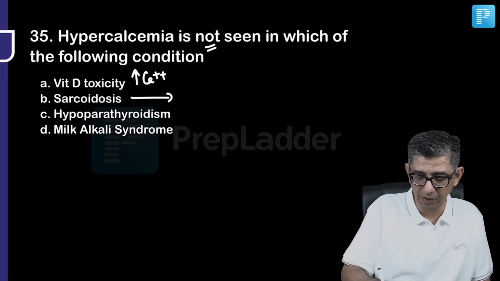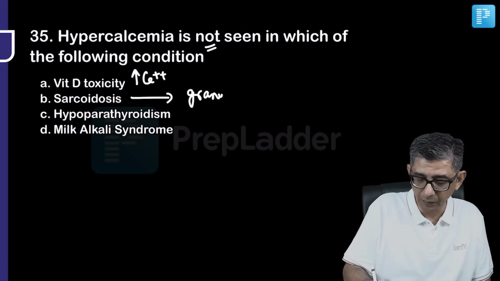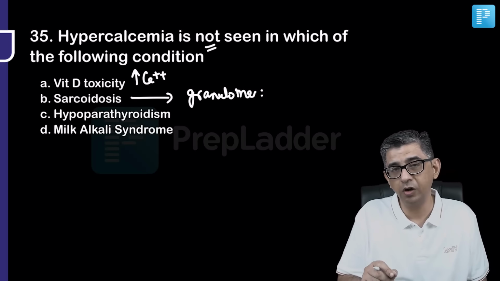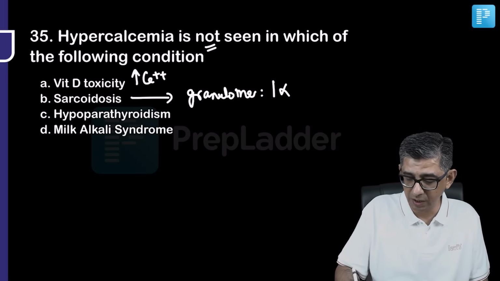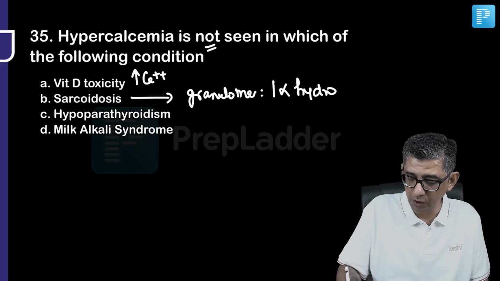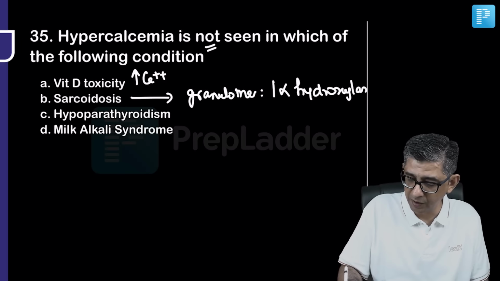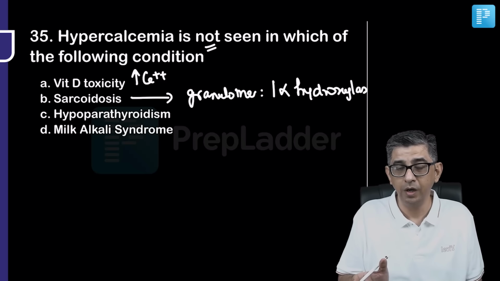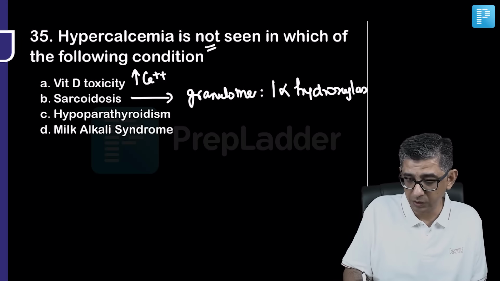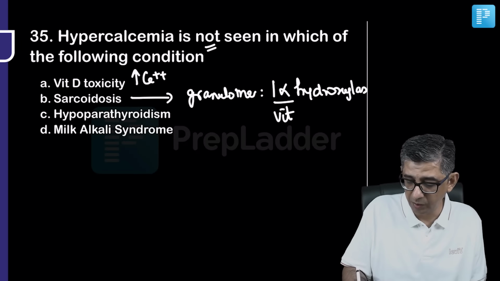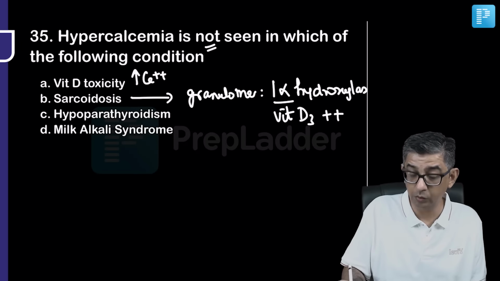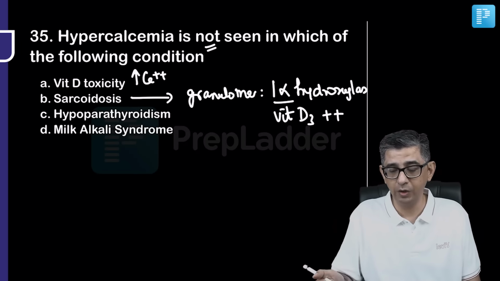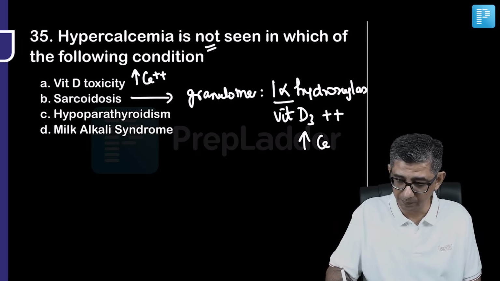In sarcoidosis, we have non-caseating granulomas, and what these granulomas contain is an enzyme which is traditionally present in you and me in our kidney, that is 1-alpha hydroxylase. So this 1-alpha hydroxylase enzyme would be responsible for synthesis of vitamin D3, and therefore when you produce vitamin D3 in the granulomas, then the values of calcium are bound to rise.